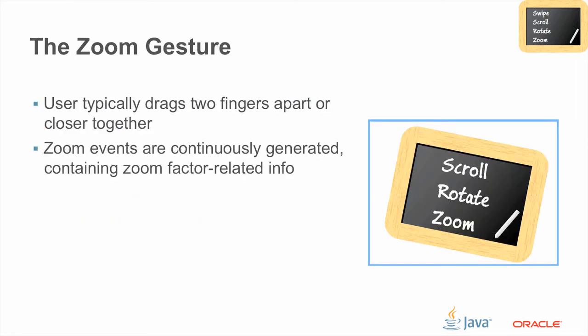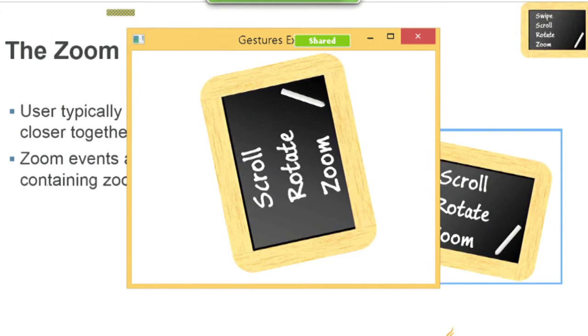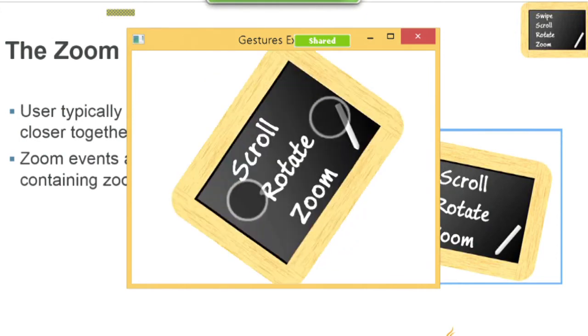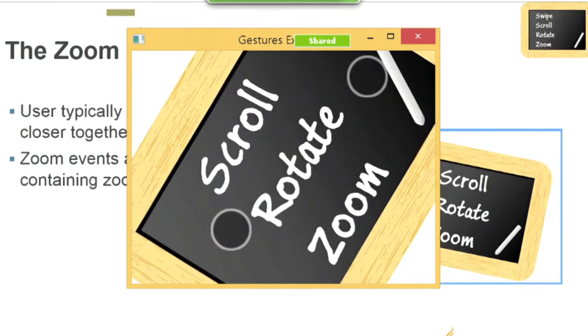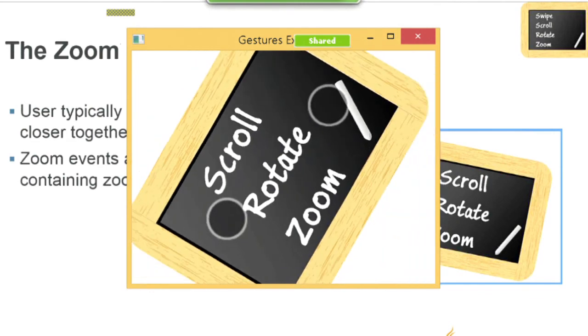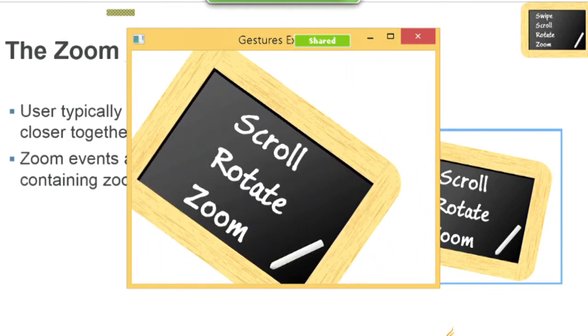And then finally, we have a zoom gesture. I'll go ahead and show you again this demo, the same demo. And as I put my fingers apart wider and closer together, we can see that it zooms.